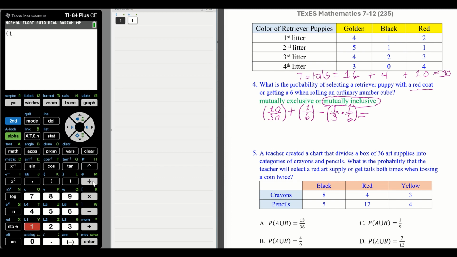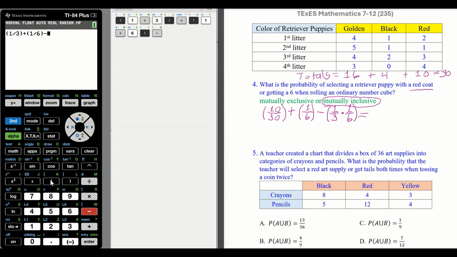So that's 1 divided by 3. Notice 1/10 is 10 over 30, which is 1/3. Close your parentheses, plus parentheses 1 divided by 6.